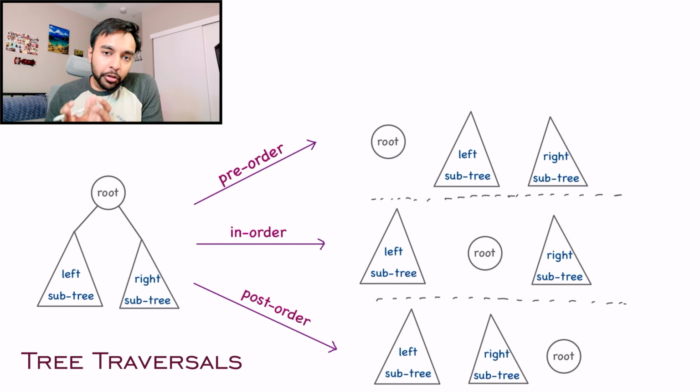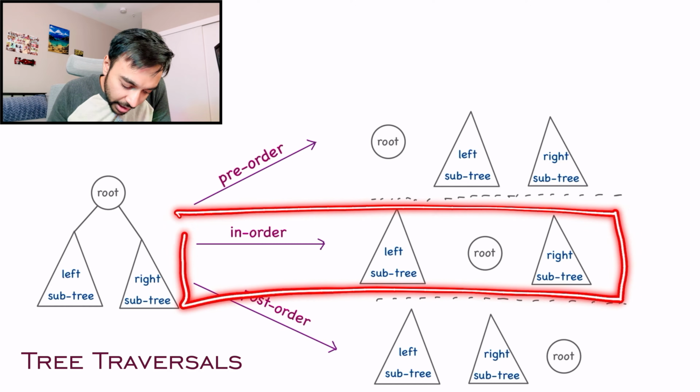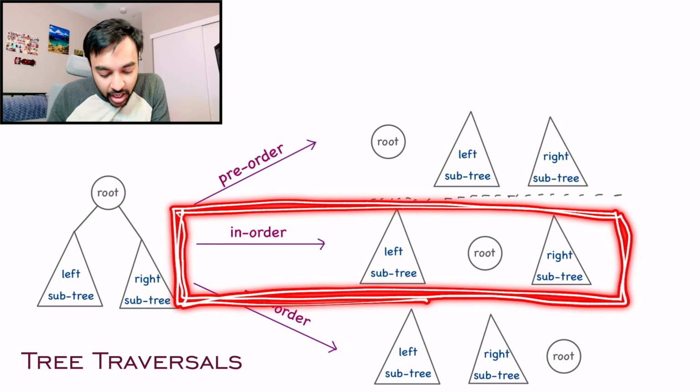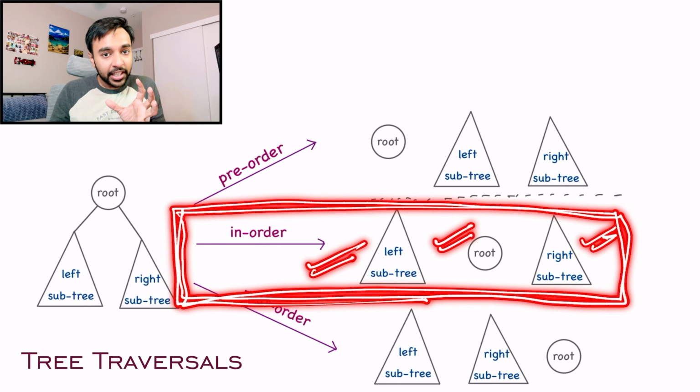Now, I want you to focus on the in-order traversal. Just try and observe what is happening over here. First of all, we get the left subtree, then we get the root, and then we get the right subtree. So what is this telling you? In a binary search tree, the left node is smaller, then you have the root node, and then you have the right subtree, correct?